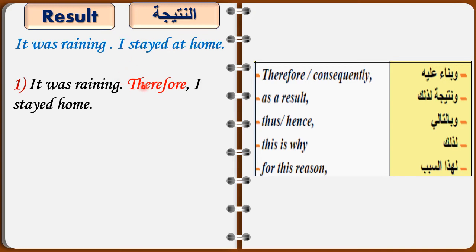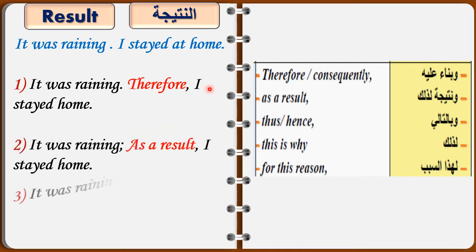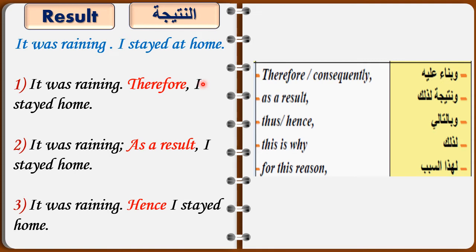Here, in the cause we start with the result, then the cause. Here the opposite, we start with the cause, and the second is the result. Or we can use as a result, or hence. Here again, punctuation. We have here full stop, linking word, comma, or semicolon, linking word, and comma.